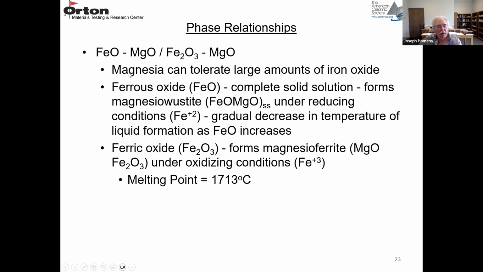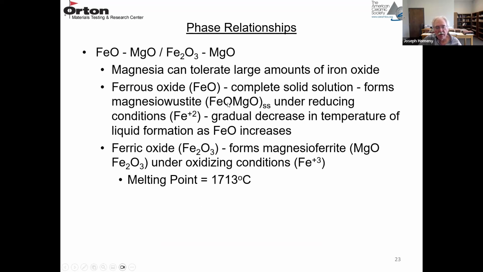One of the good things about MgO in steelmaking is that it can tolerate a large amount of iron oxide. So we can look at the FeO-MgO phase diagram and the Fe2O3-MgO phase diagram. FeO is ferrous oxide. FeO forms a complete solid solution with MgO.